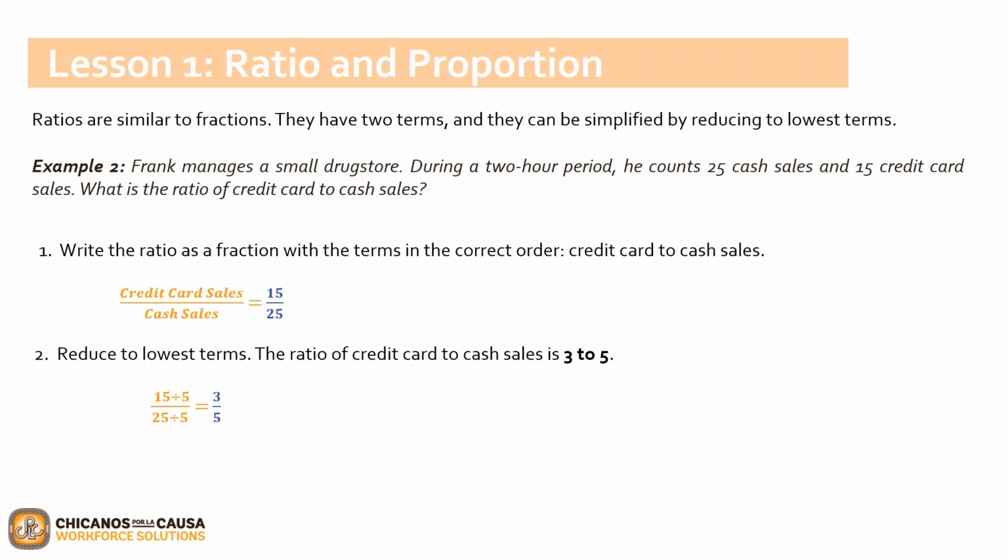There are some fraction rules that ratios do not follow. So remember, do not change a ratio that is in a proper fraction to a mixed number. Also, if a ratio in fraction form has a denominator of 1, do not write it as a whole number. Leave it in fraction form.